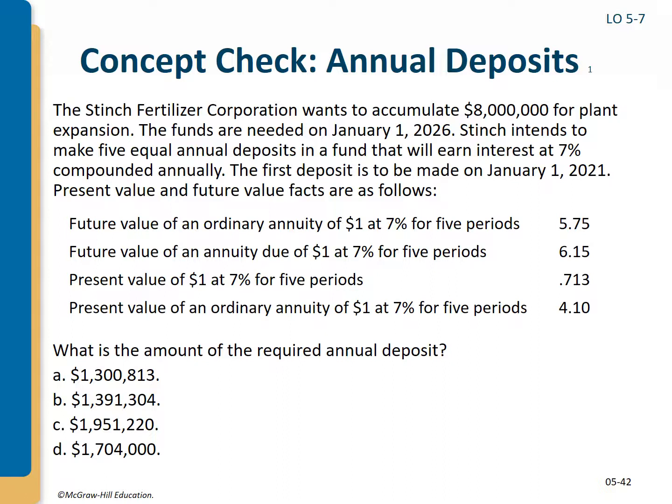So this kind of problem could get confusing because of when the payments are being made. So don't go 21 minus 26, oh, it's an ordinary annuity. No.